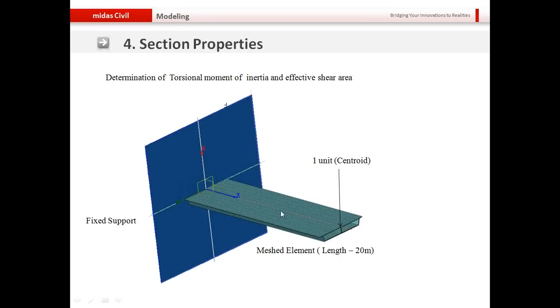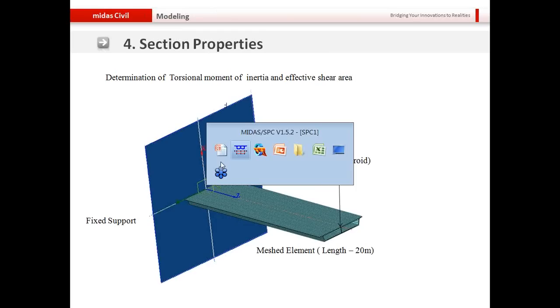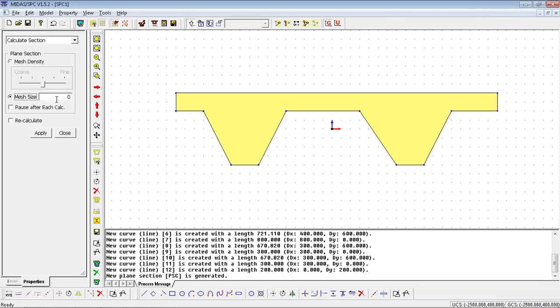So if you enter the mesh size, the program will create an element internally, having length equal to the mesh size, and apply a fixed support at the end of the element, and a unit load is applied at the other end, and then does the analysis and calculates the torsional moment of inertia and the shear areas. So this is the use of this mesh size.